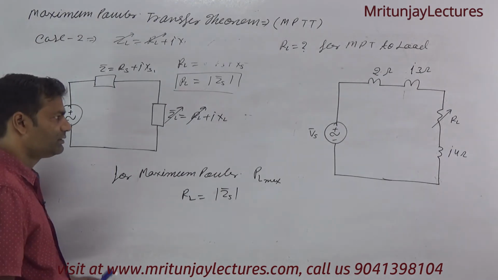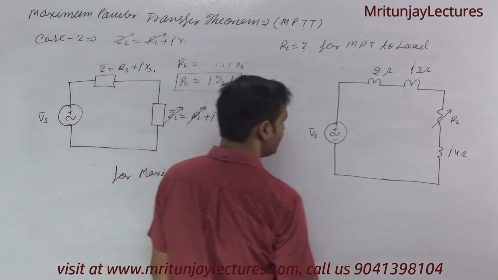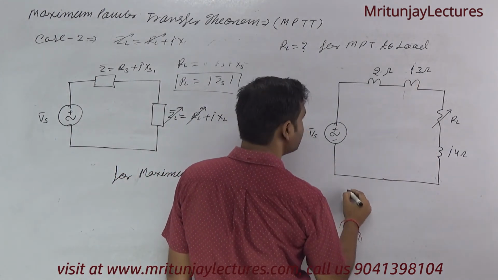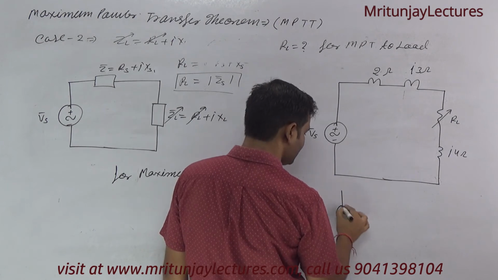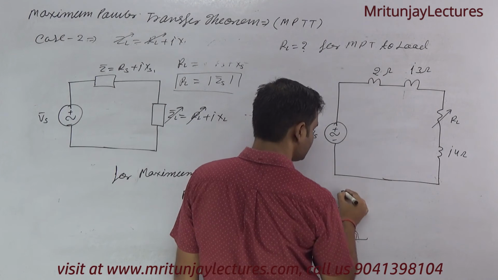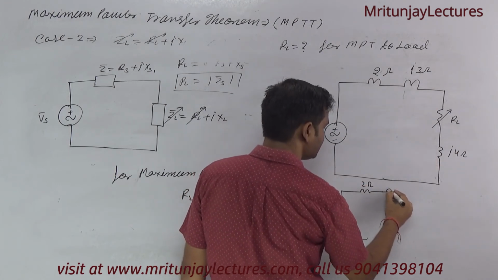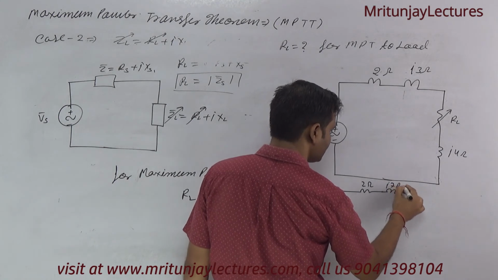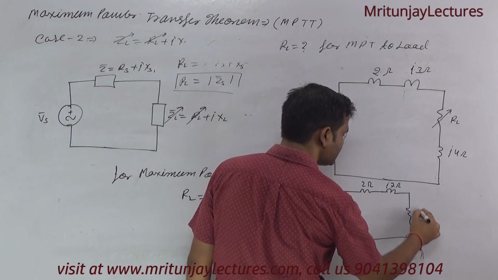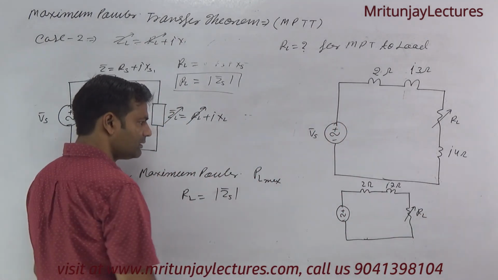So first of all, this whole circuit is represented like this one. This circuit is also written like this, with a source, 2 ohm, 3 plus 4, that is J7 ohm, and after that RL. Okay, clear?